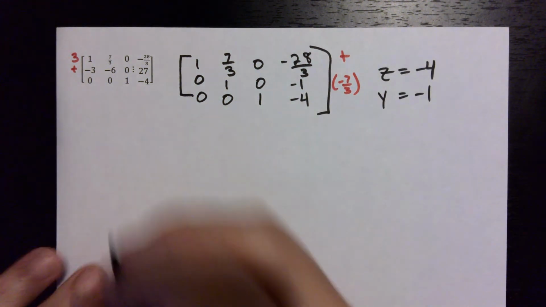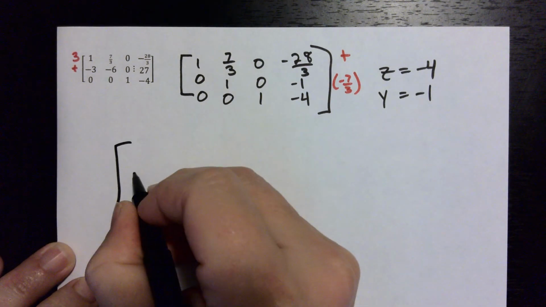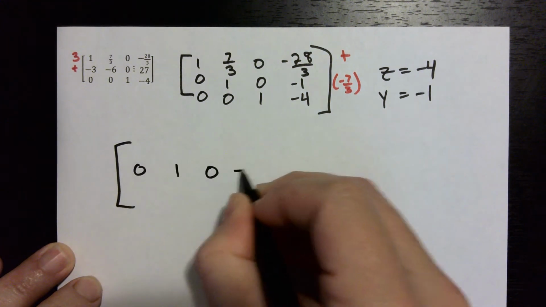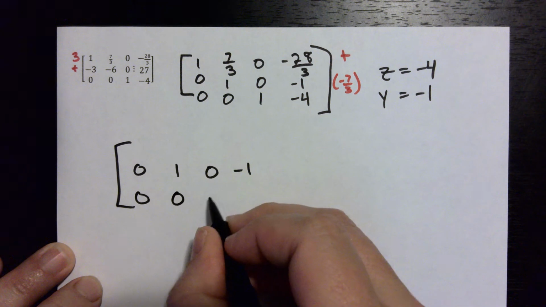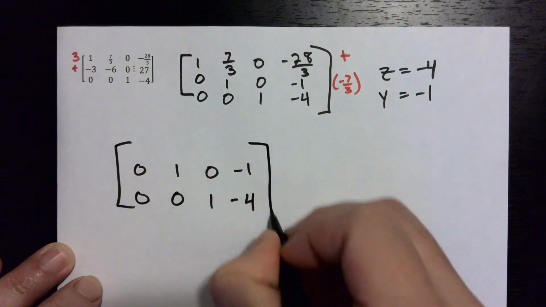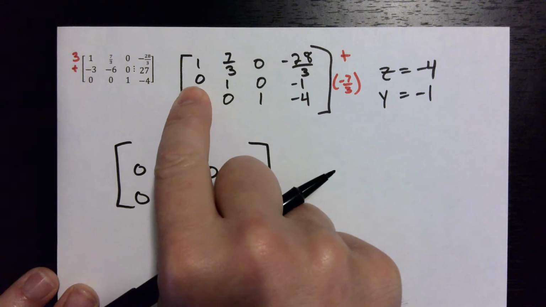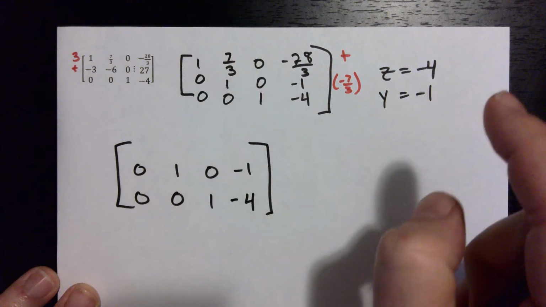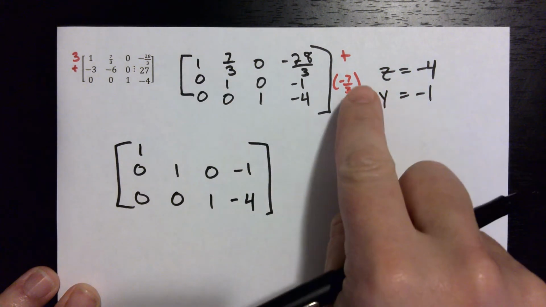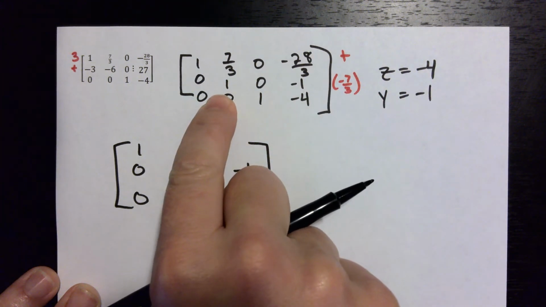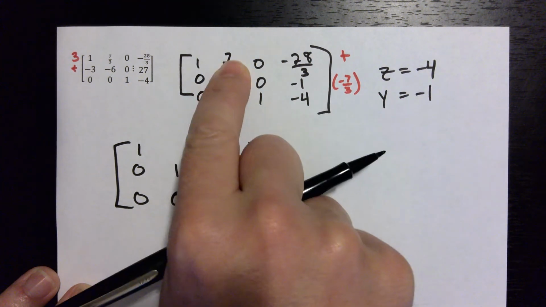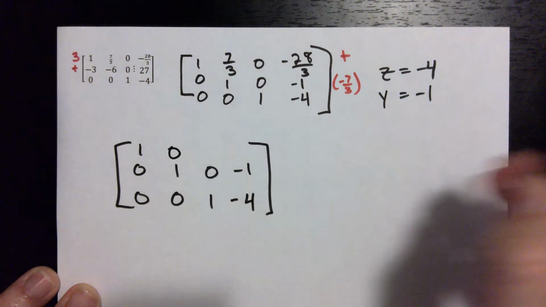Okay, so the bottom two are not going to change. 0, 1, 0, negative 1, 0, 0, 1, negative 4. The top one is, so negative 7 over 3 times 0 is 0, so that's not going to change this one here. So that's still a 1. Negative 7 over 3 times this is negative 7 over 3. And when you combine it with a positive 7 over 3, it turns into 0.